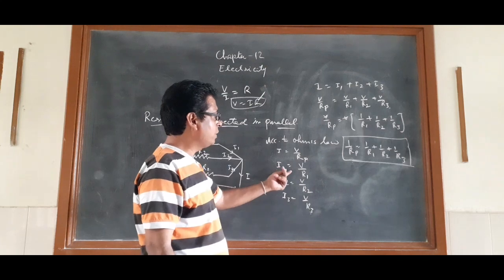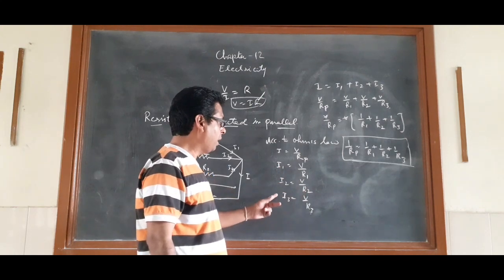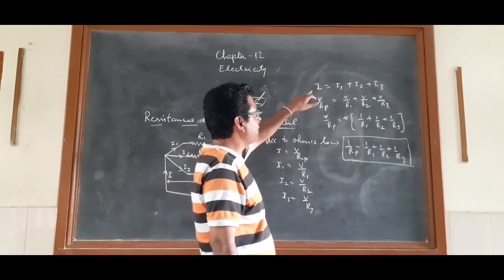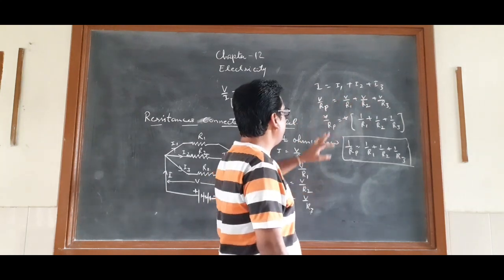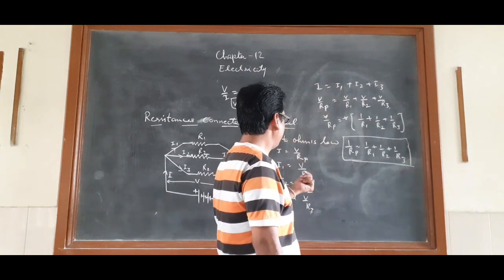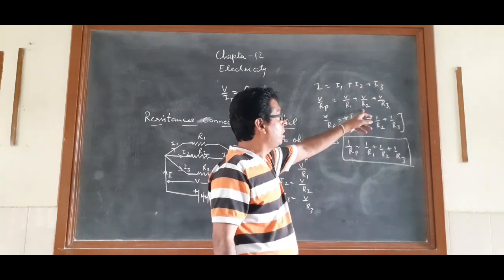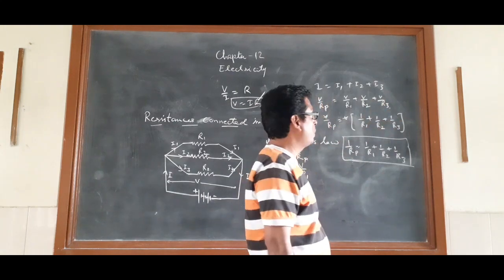So I1 is equal to V upon R1, I2 is equal to V upon R2, and I3 is equal to V upon R3. Since I is equal to I1 plus I2 plus I3, we put down the values: V over R1, V over R2, and V over R3.